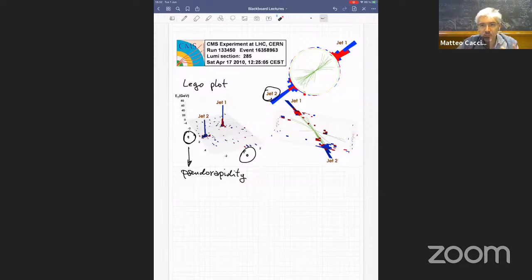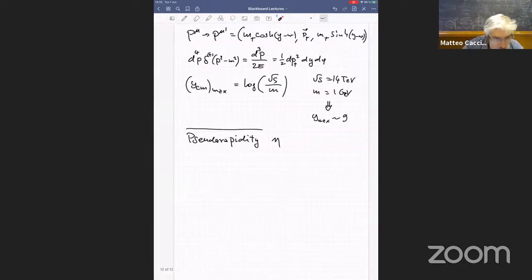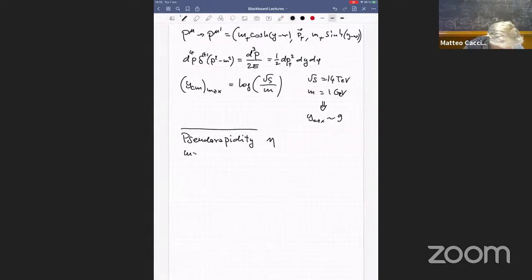So this has a geometrical meaning that relates its value to a position on the detector, whereas rapidity is a kinematical variable related to the momentum of the given particle. Nonetheless, there is a relation between the two, and this relation is particularly simple in the case of a massless particle.